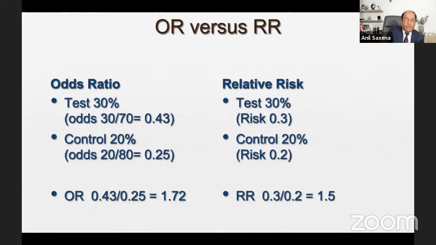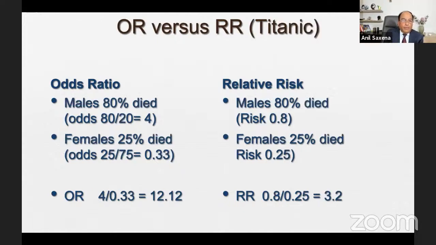But if they really start increasing more, say for example, somewhere I read this example of the Titanic, where in the crash, 80% of men died and females only 25% died, because they were given preference in the lifeboats and all that.